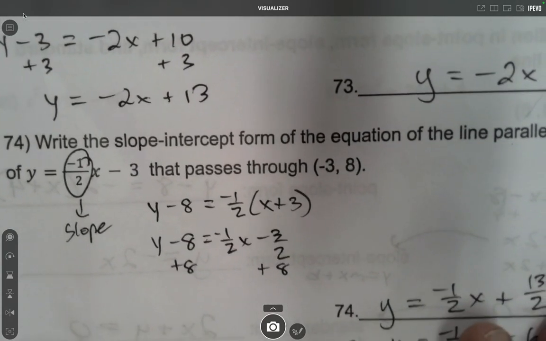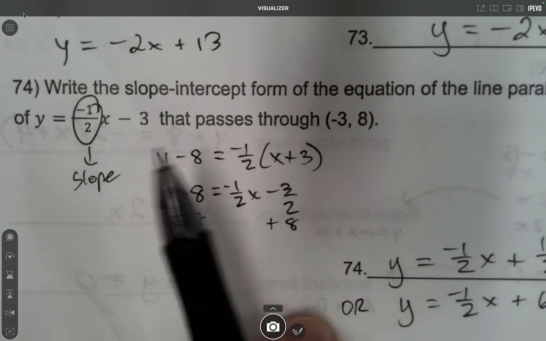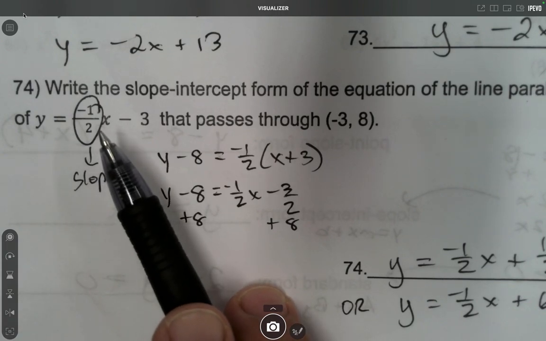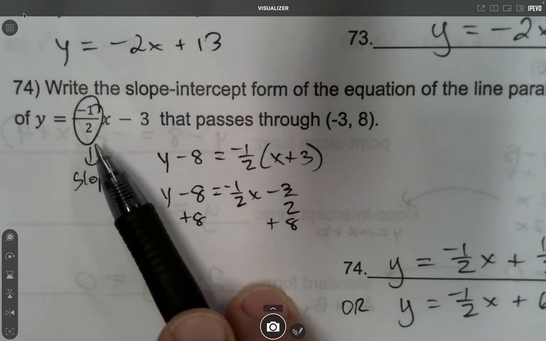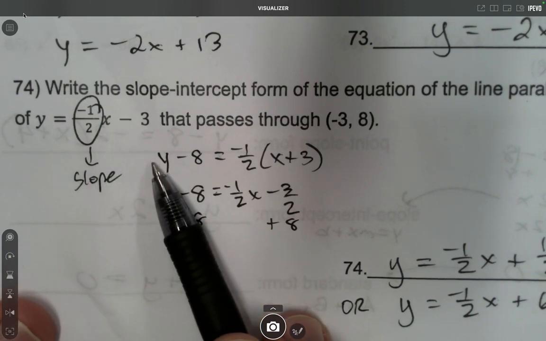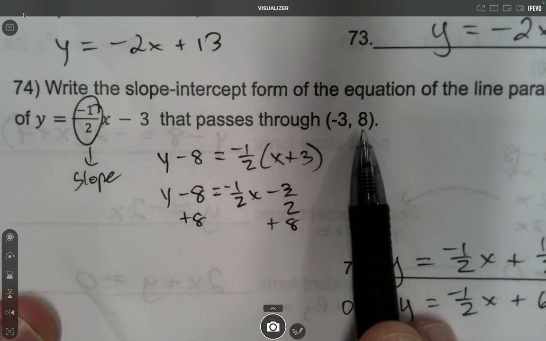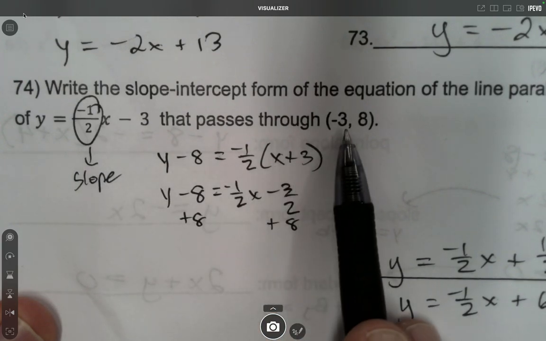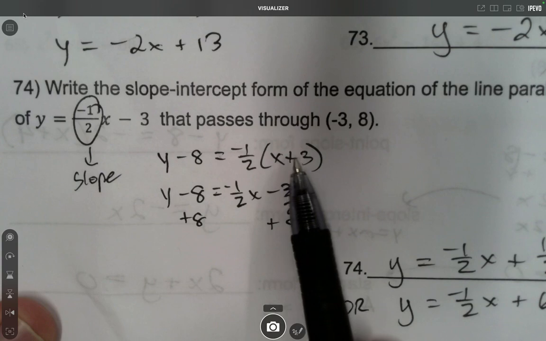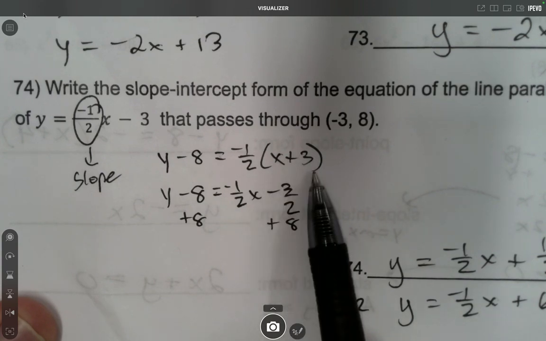Okay, 74 is the exact same process. We're parallel to this line. Parallel means same slope. I'm repeating myself on purpose for emphasis. So we do y minus the y value equals the slope, negative 1/2, times x minus the x value. So x minus negative 3 is the same as x plus 3.